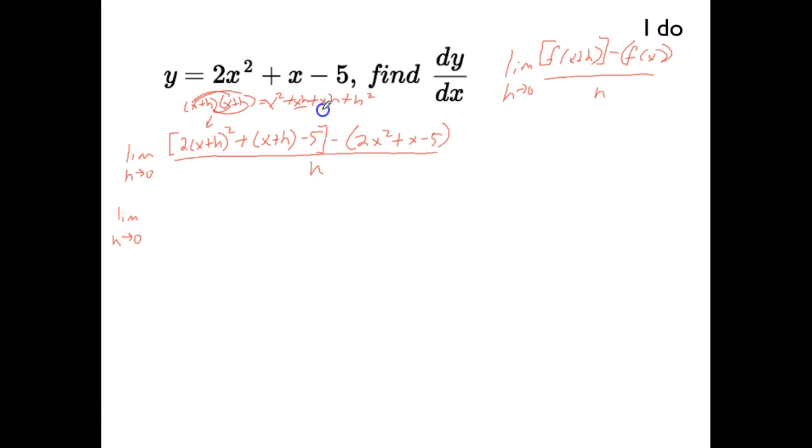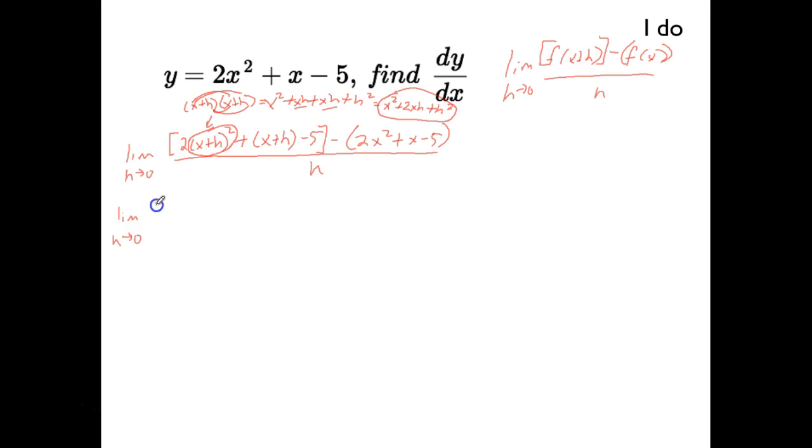And these two terms can combine, leaving us with x squared plus 2xh plus h squared. Okay, so that right there is what this is equal to.